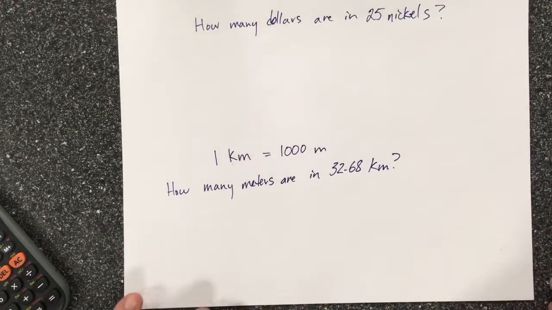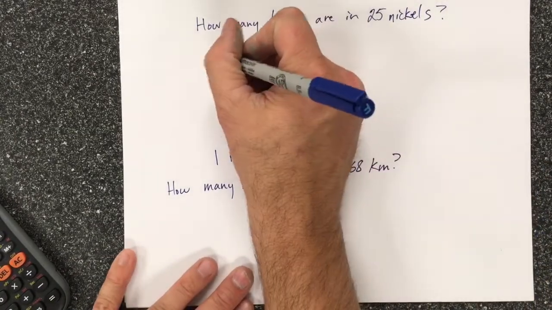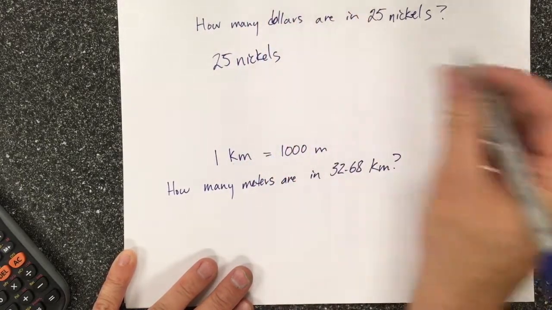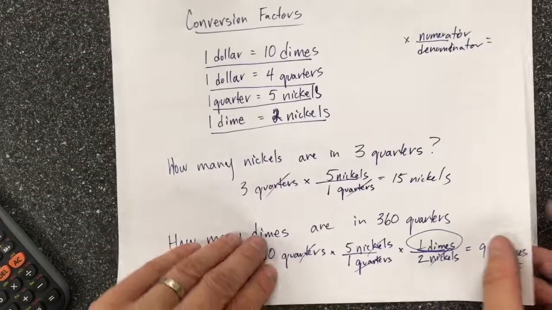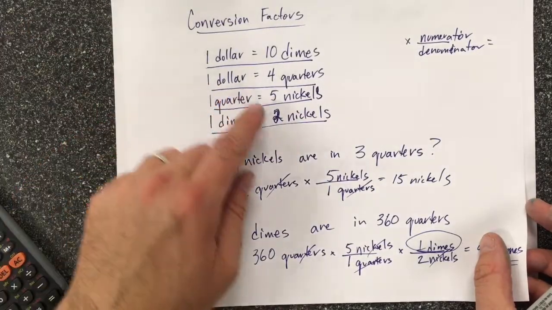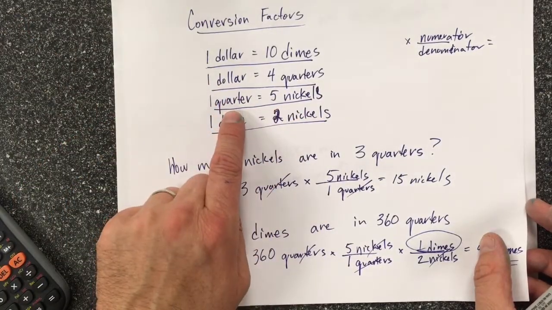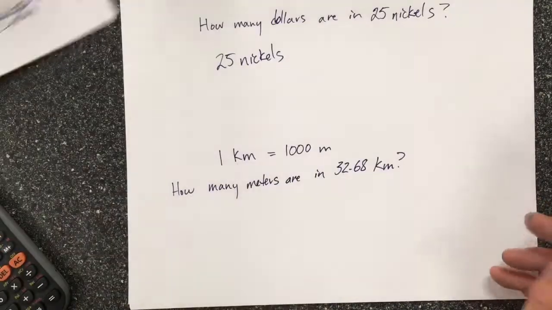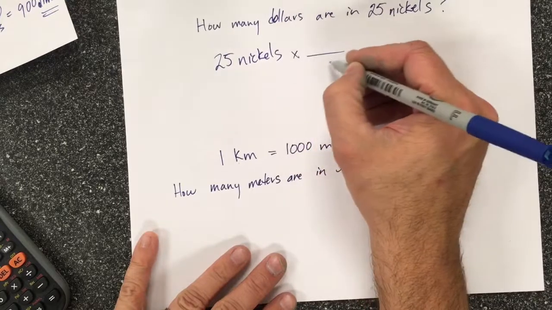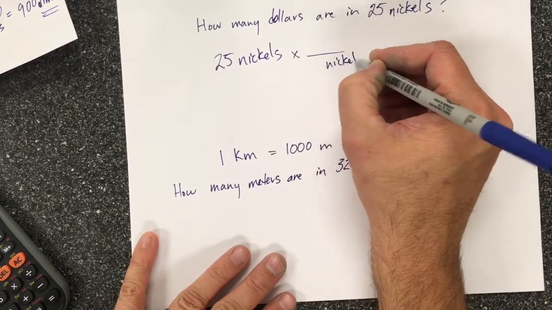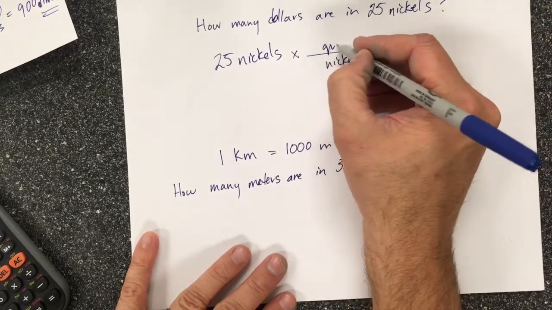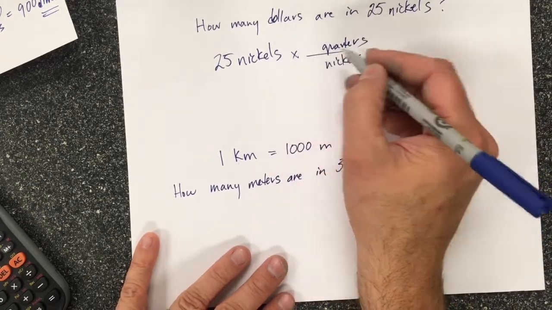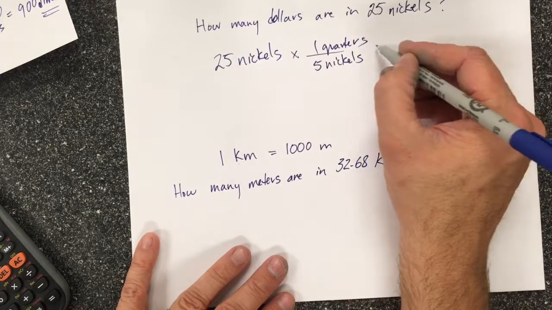It says here, how many dollars are in 25 nickels? So I have 25 nickels, and I want dollars. But in here, I didn't actually have nickels and dollars. I had nickels and quarters, and I have quarters and dollars, so I'll do 2 conversion factors. I get rid of nickels and be left with quarters, and that's 5 nickels in 1 quarter.